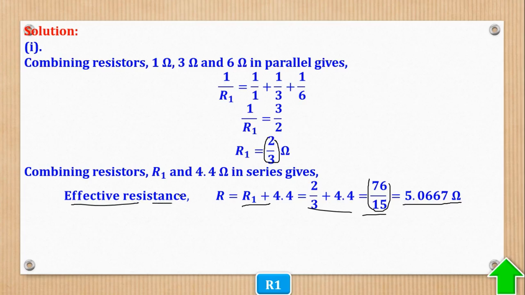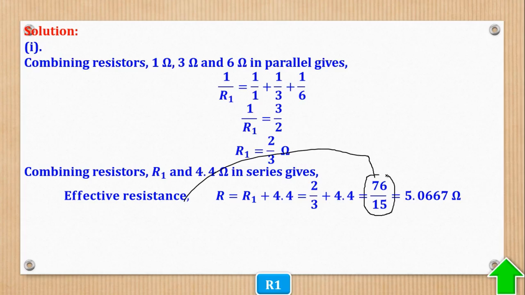It means that if this answer is left in fraction form, the final mark will be denied. So always remember, in physics, we don't leave final answers in fraction form. It is in math where final answers are preferred to be left in fraction form. But in physics, final answers must be expressed as decimals, of course, with an SI unit.